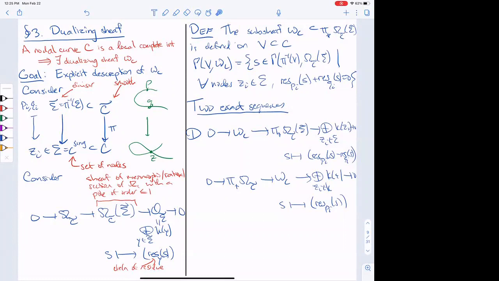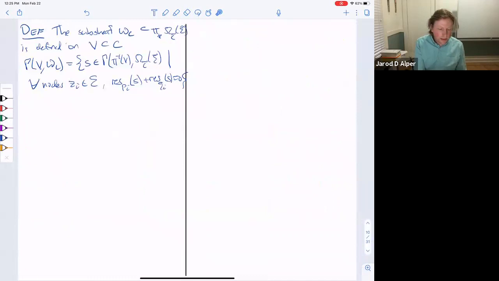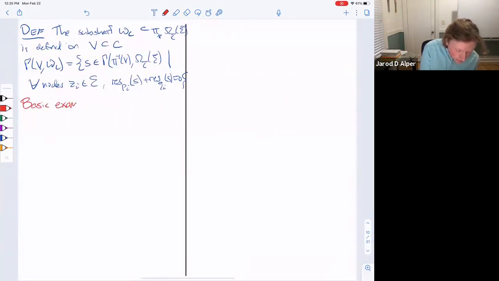Right. So I recall here we have the definition again, just to keep it on the same page. And I want to do one example, which seems like a very simple example, but in fact everything can be reduced to this. So let's take a planar singularity.